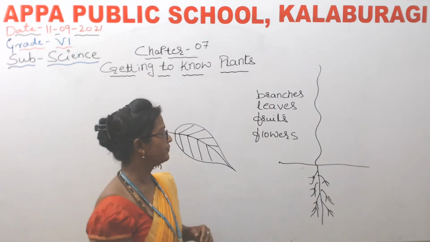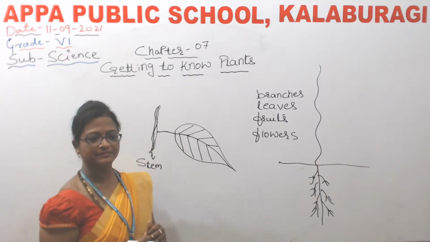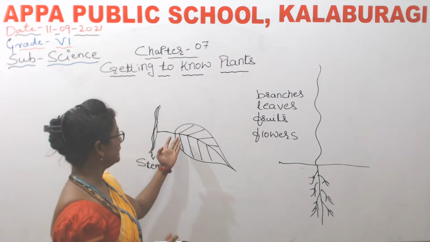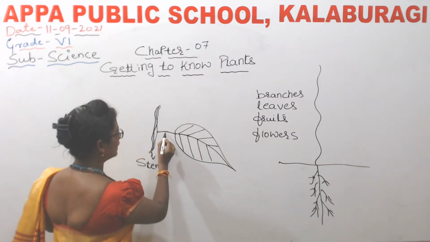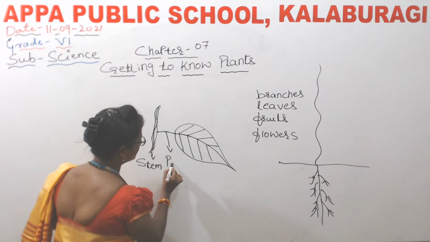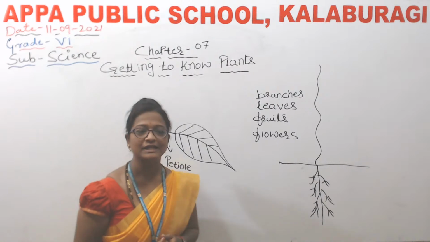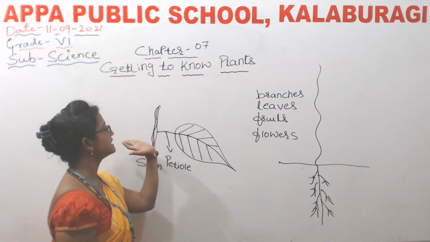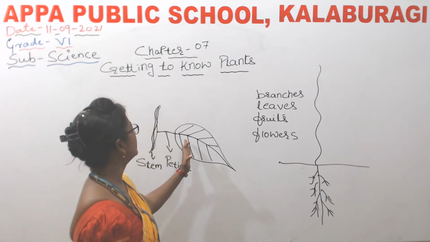Now, the part of a leaf which is attached to the stem, what do we call it? Yes, children. We call it petiole, isn't it? So petiole is the part of a leaf which is attached to the stem. So it is a part of the leaf.